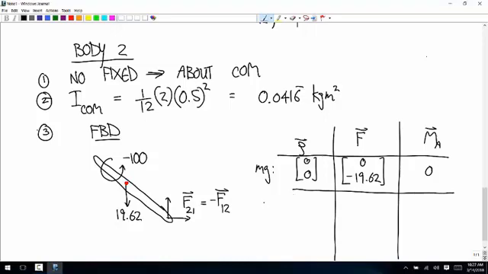Then we have that force 2, 1. The rho vector is positive 0.1768, negative 0.1768. The force vector is negative F12x, negative F12y.